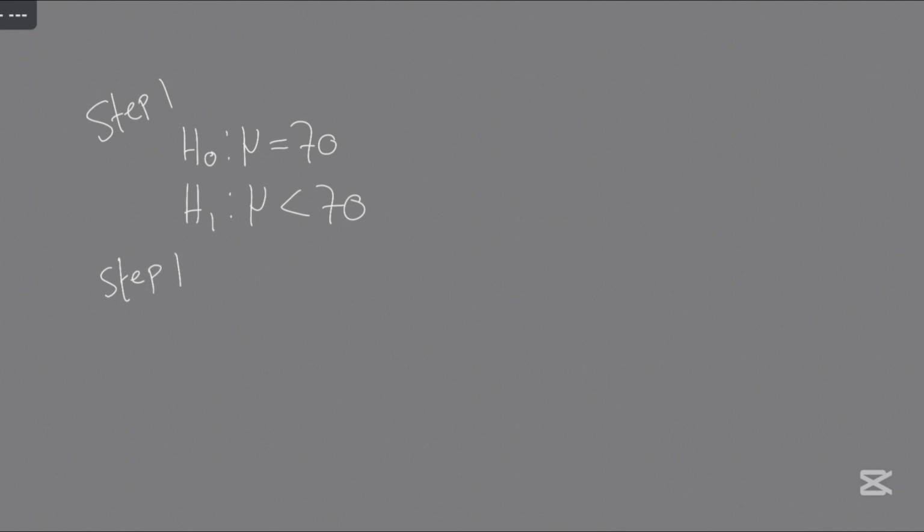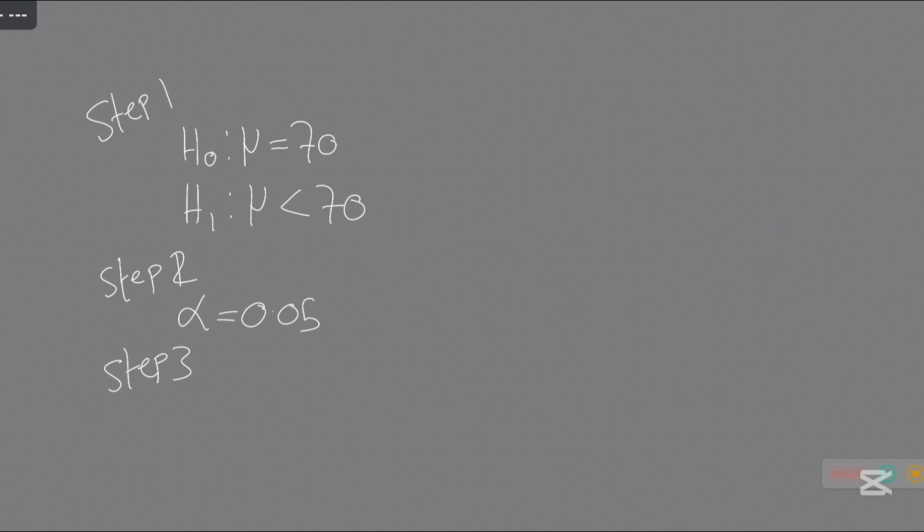And from the question, we're given our level of significance as 5%. So automatically that's 0.05, and remember, it's represented by the alpha sign. In this situation, we're going to choose a particular test statistic, whether it is the z-test or the t-test. Now our population variance is unknown, meaning that we're going to use the t-test.